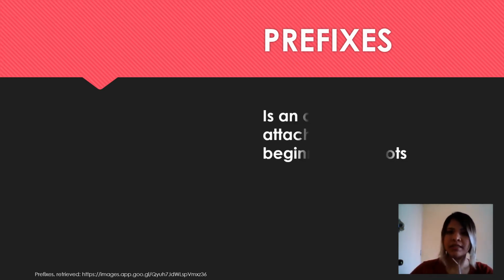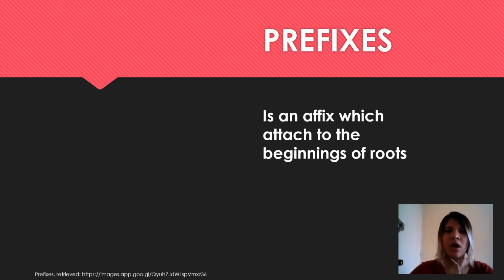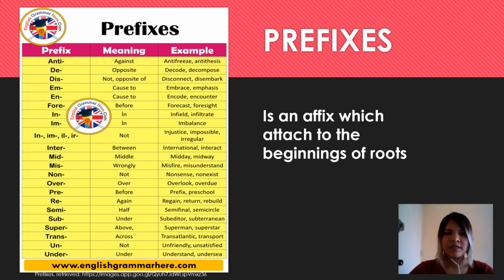So, let's see some examples for prefixes. Let's take the root code. If we add the prefix de, we will get decode. In this moment, the meaning of the word code changed because now it is the opposite.